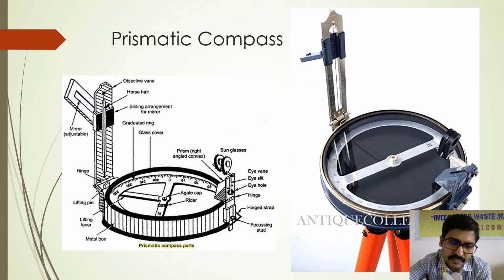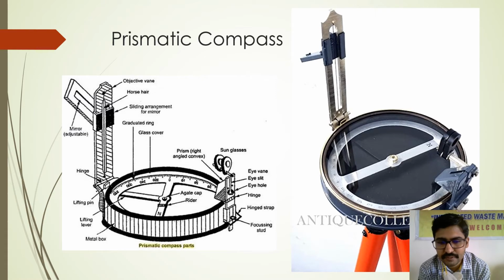If you look at the diagram, the readings are written inverted here, isn't it? The 0, 10, 20, 30 you can see are written reversed or inverted. They are written inverted because the prism gives you the reflected mirror image. So when a mirror image is given to you to read, the readings you see through the hole will definitely be mirror images.